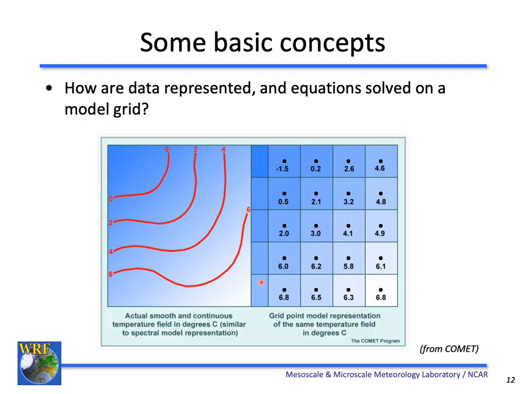In the numerical model, the data is represented only one value per grid cell, as shown on the right here, a process called discretization. And the model equations are solved on these discretized grid cells. The value in the grid cell can be interpreted as representative values of averages of the grid cell.